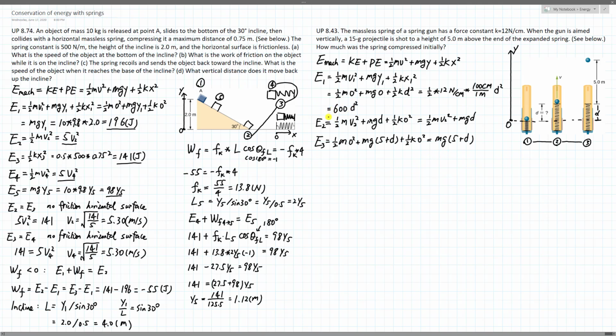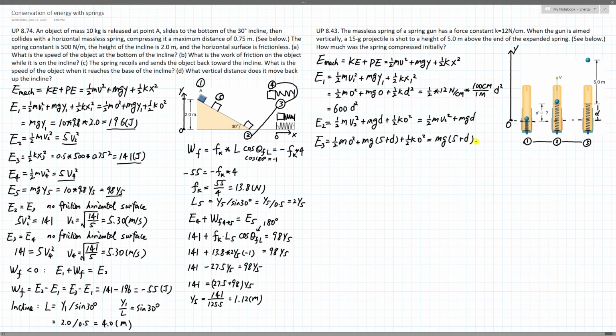E1 involves d, and E3 involves d, and the rest of them are known quantities such as mass and gravity. So if I equate 1 and 3, I can solve for d. So once I solve for d, the total energy becomes a known quantity. And then if I equate that known quantity to E2, with a known d, I can solve for the speed, right? So although the speed was not really mentioned, it's a useful answer. I would ask for it.